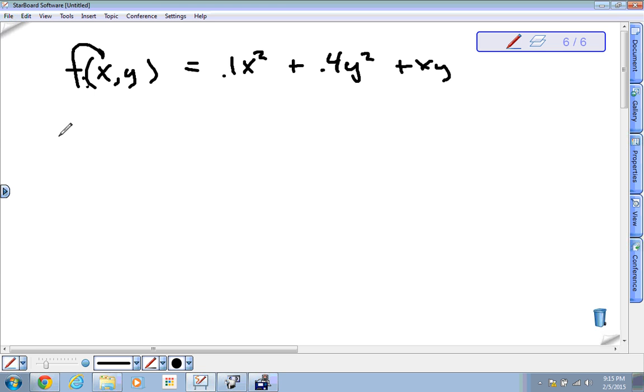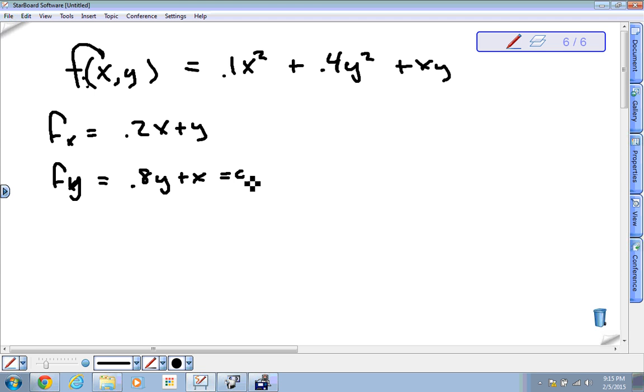We already know that f sub x is 0.2x plus y, and f sub y is equal to 0.8y plus x. Again, set them both equal to 0. It's pretty obvious to see that it's going to be 0, 0 for both of them. But if you can't see that, go ahead and use solve. But there's our critical value.